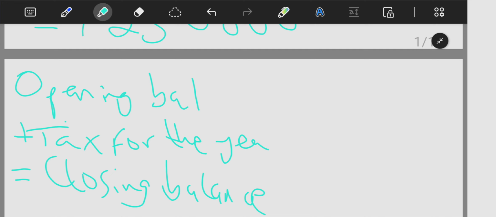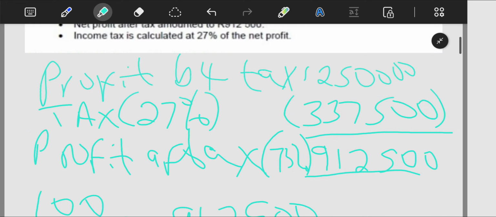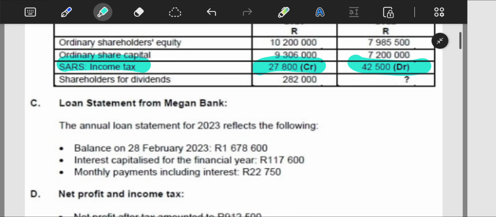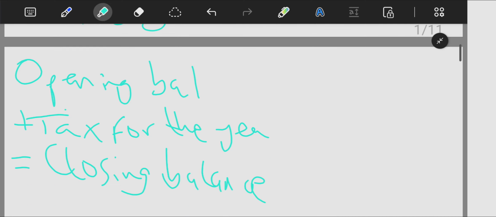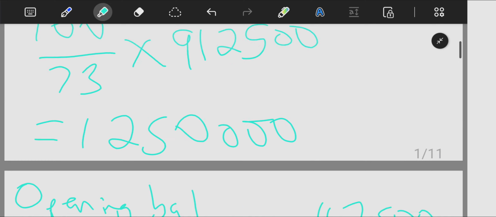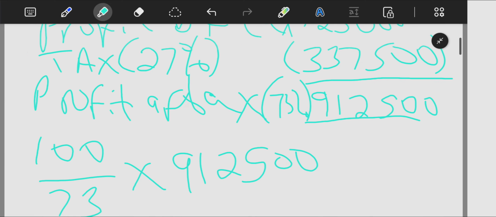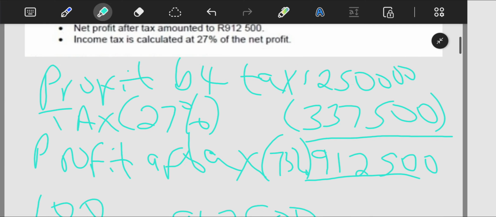Right. Our opening balance is 42,500. And our tax liability for the year is 337,500.